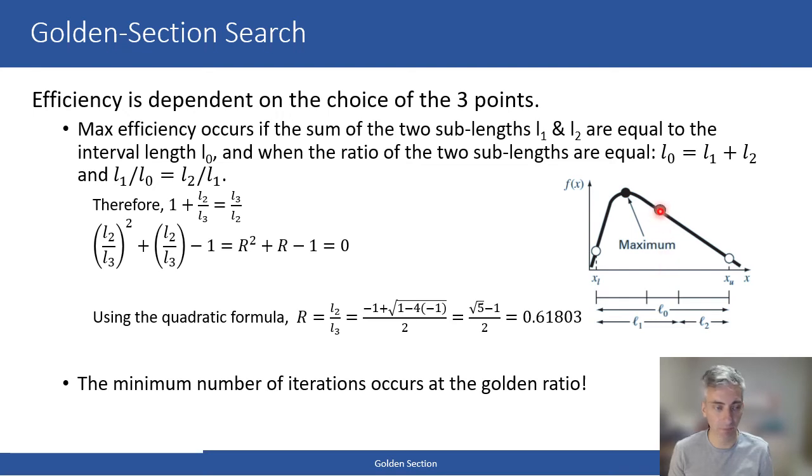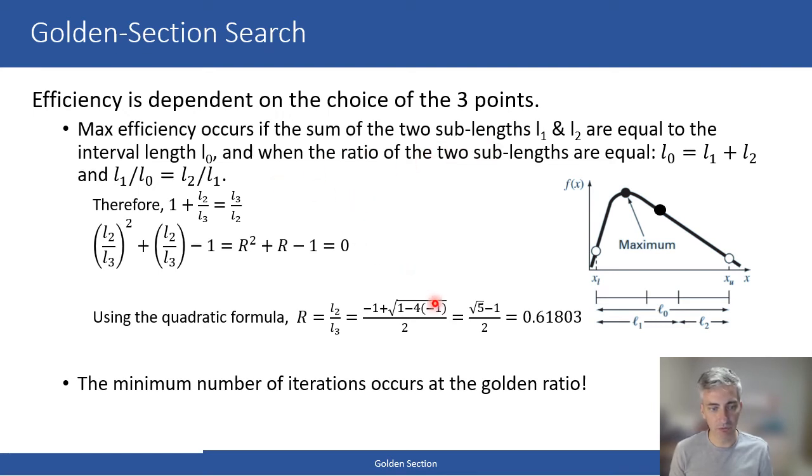It turns out that you can get an efficiency enhancement in how quickly your code converges if the two distances, from XL to this fourth point and XU to this fourth point, add up to the total length of the interval, and if the ratio of L1 to the total length and L2 to the total length are equal. Basically there's an efficiency enhancement. Your code will converge faster.